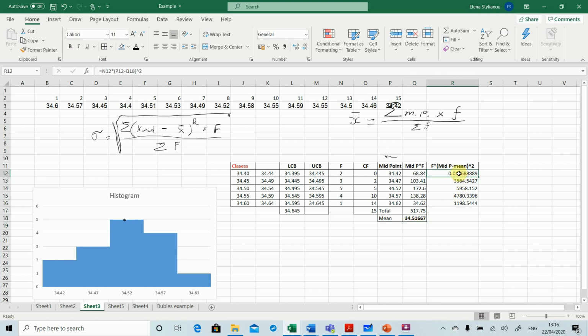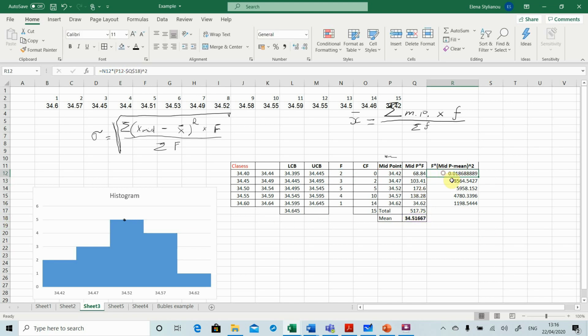That's why, if we would like to stay with this address of the cell, hopefully you know that we are using the dollar symbols to make an absolute address of the cell. So we always take the data for the mean from this Q18 cell.